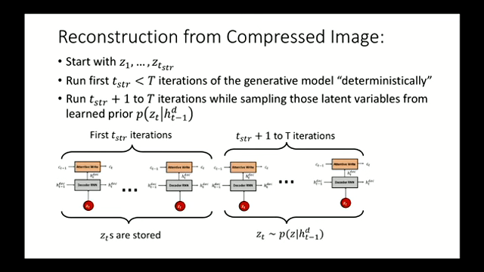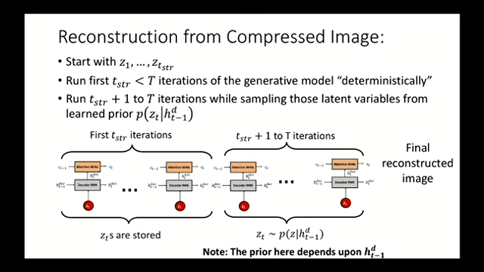The important thing to note here is that the prior of these sampled latent variables is now dependent on the decoder state, while in conventional VAEs, this prior is typically just Gaussian with zero mean and unit variance. So this is where it forces the generated latent variables to have the same content, similar information as what you had stored. And then you hopefully get the final reconstructed image. And I pointed out the prior here depends on this.